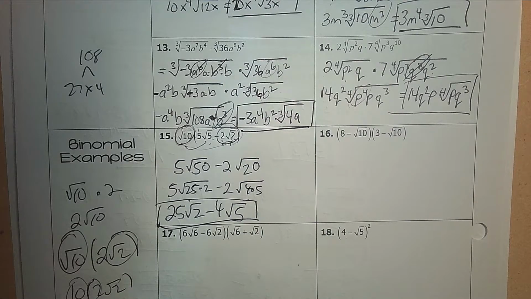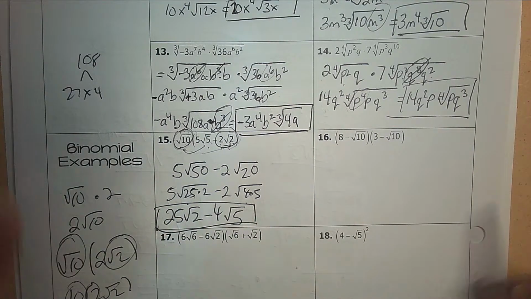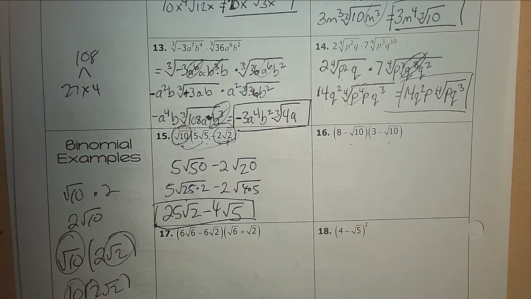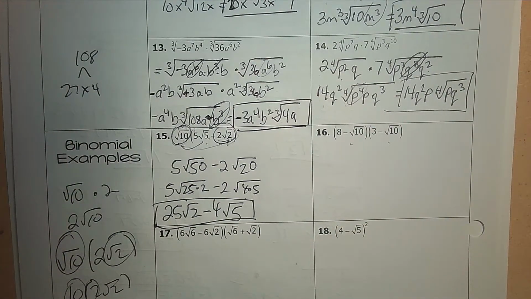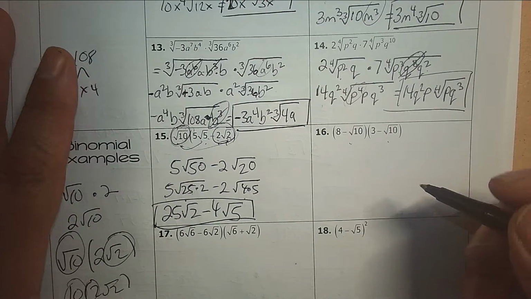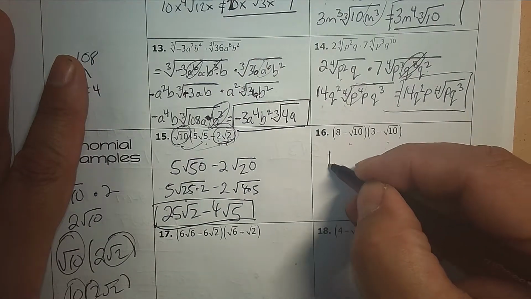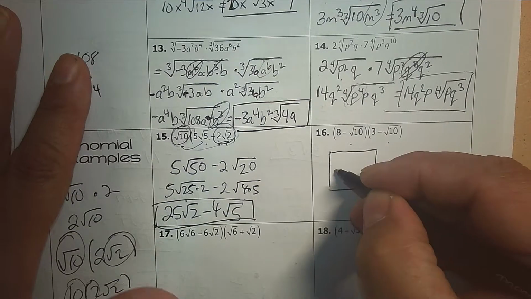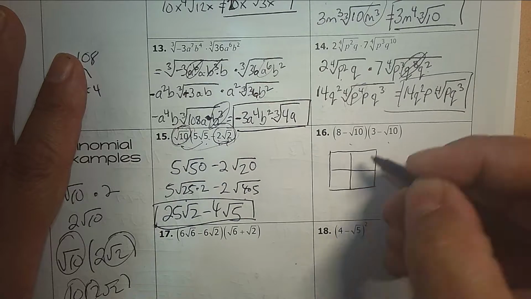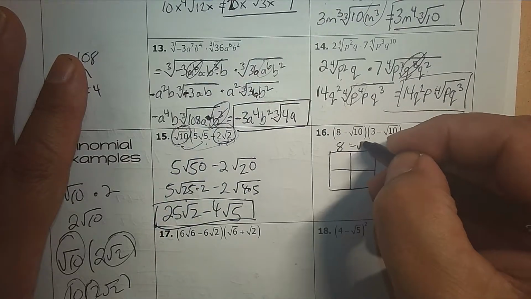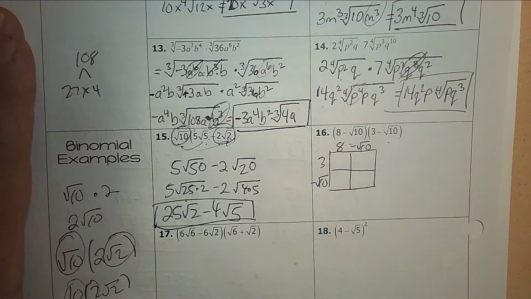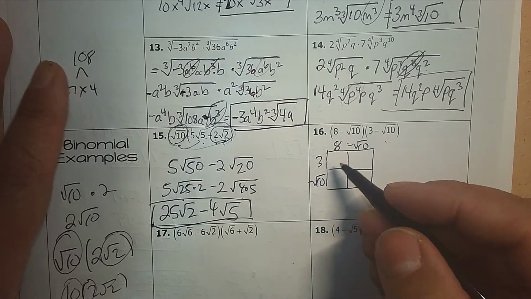Hey, can we try number 16? Now, what's different about number 16 is we have a binomial times a binomial. Either you are going to go first, outer, inner, last, or you're going to draw an area model to multiply this. So when you have binomial numbers, so 8 and negative root 10, 3 and negative root 10, you have to make sure you multiply it out properly.